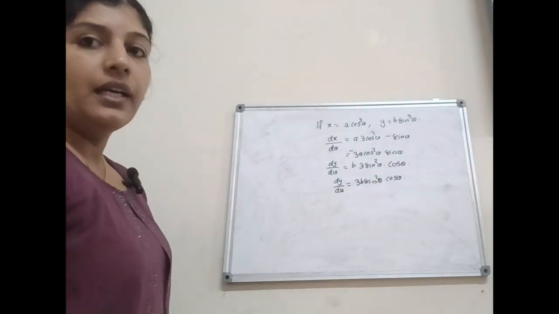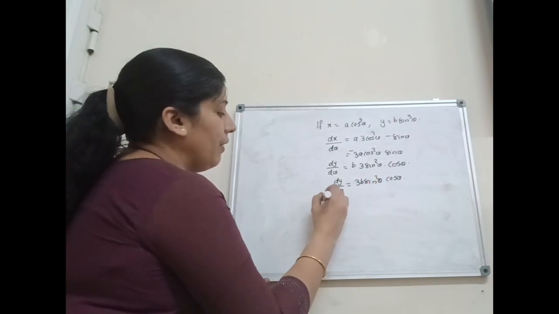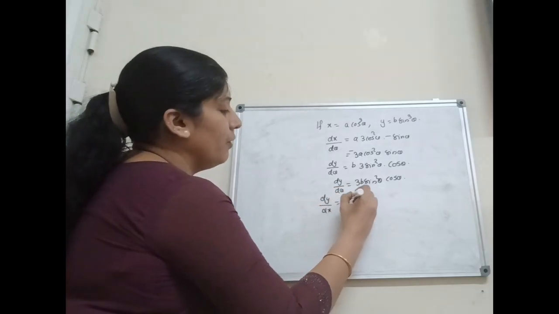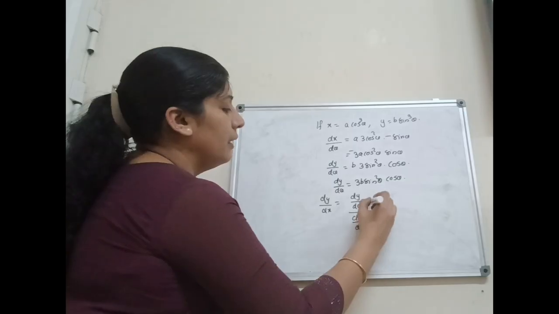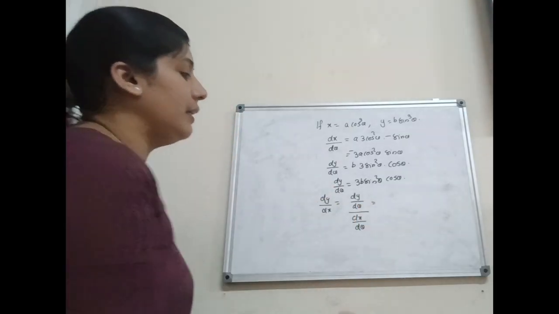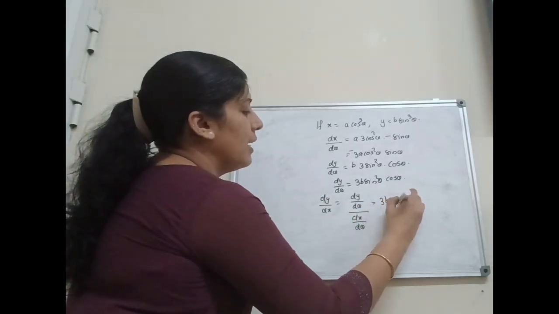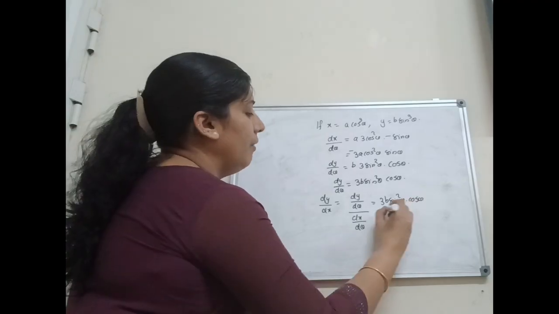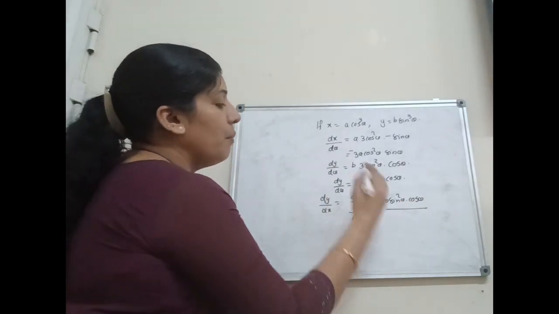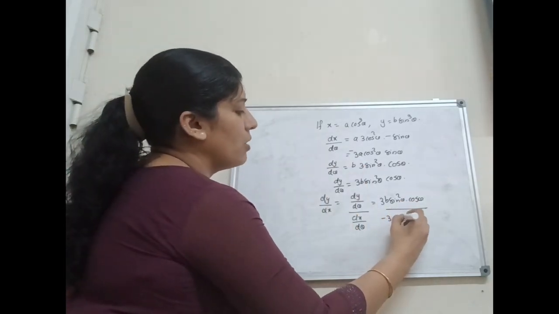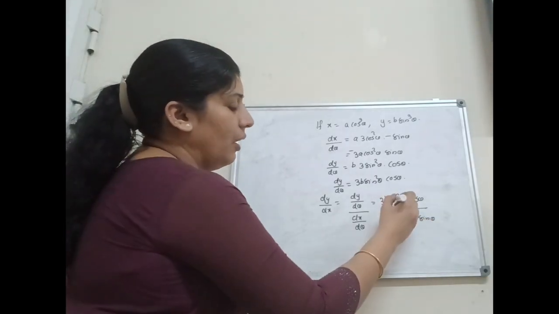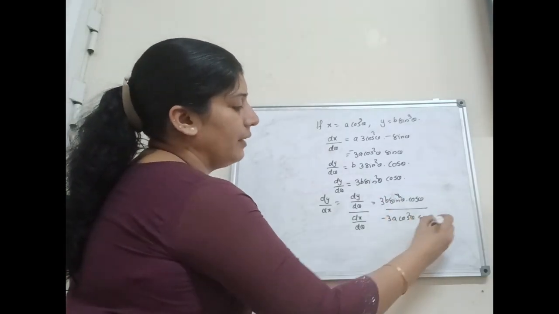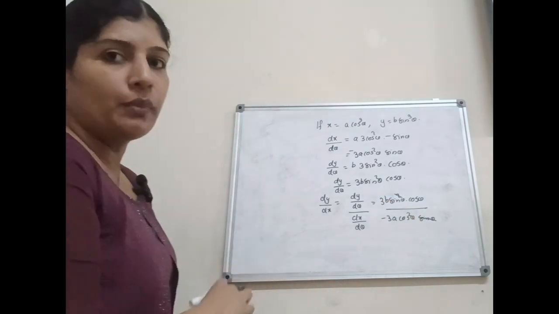Next, we have to find dy by dx. How can we find dy by dx? dy by dx equal to dy by d theta divided by dx by d theta. That is 3b sin square theta cos theta divided by minus 3a cos square theta sin theta. Now on the numerator sin square theta, denominator sin theta, therefore sin theta remains on the numerator.